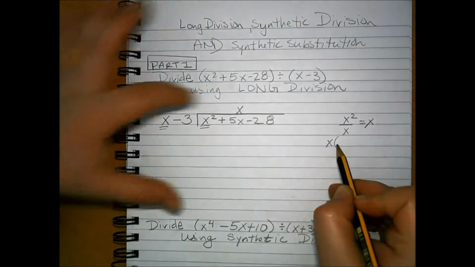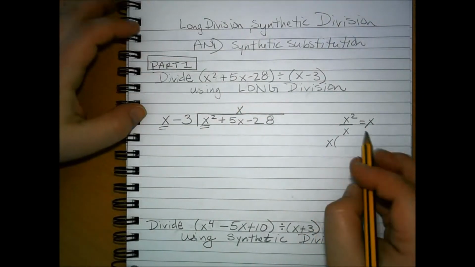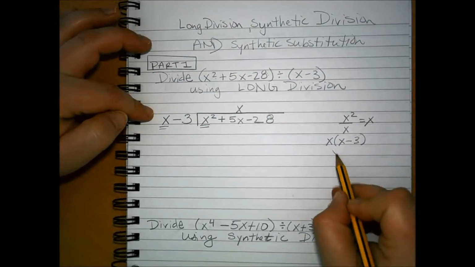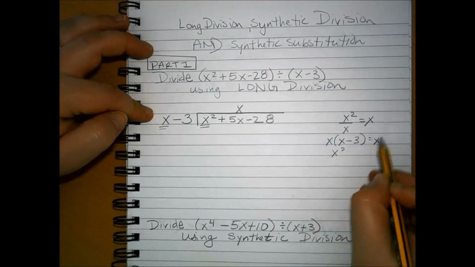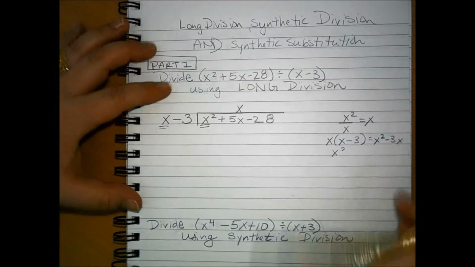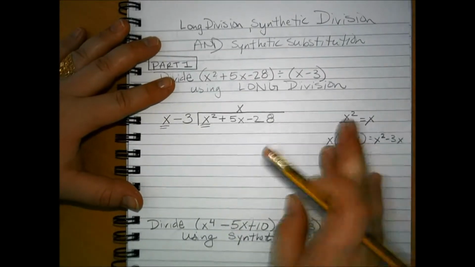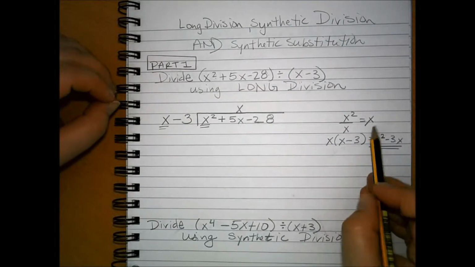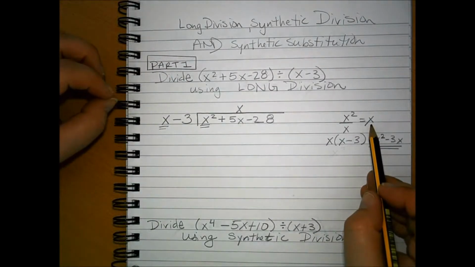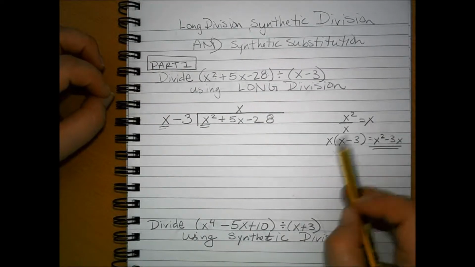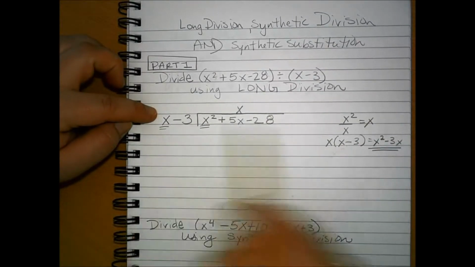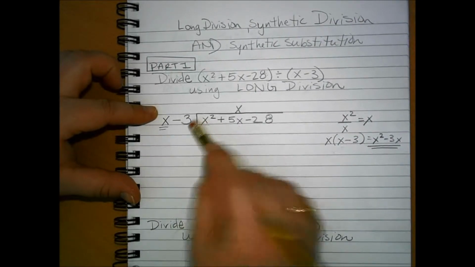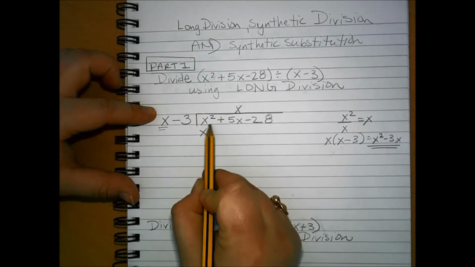Then I take that same term that I just found when I divided and multiply by the divisor. The result of this mini quotient multiplied by the divisor is what I'm going to write below my dividend.